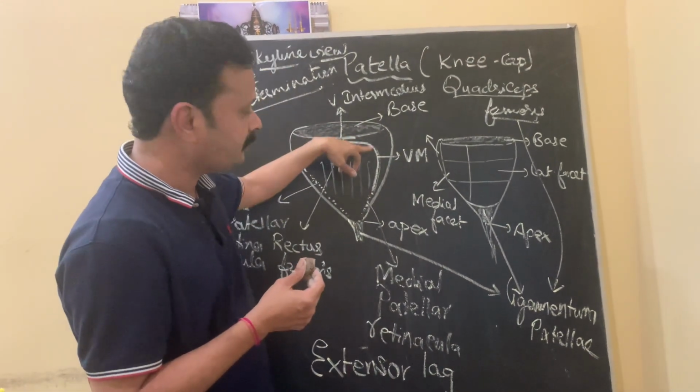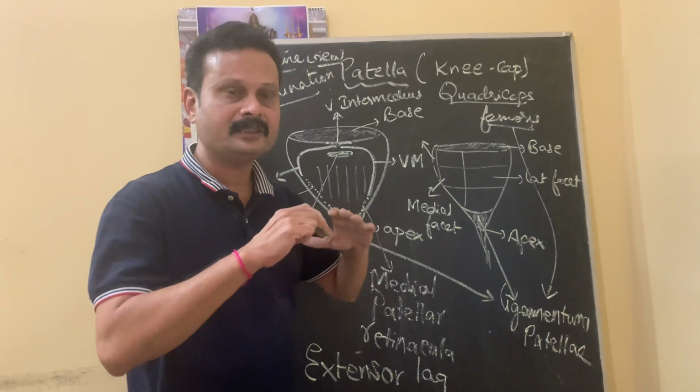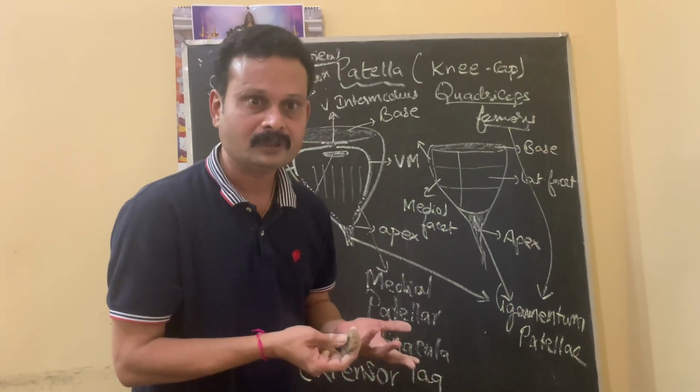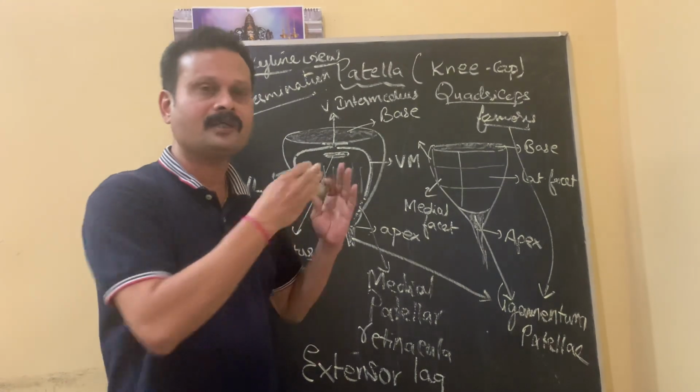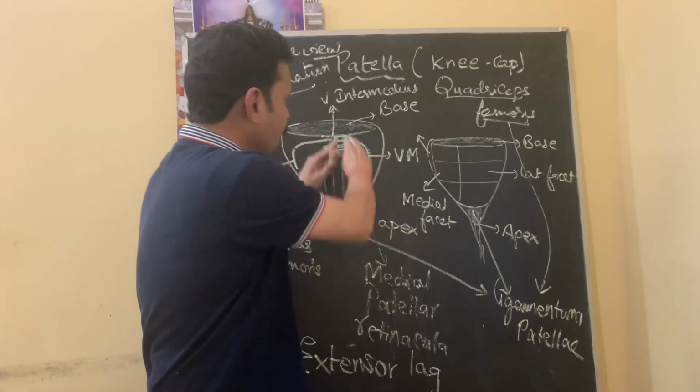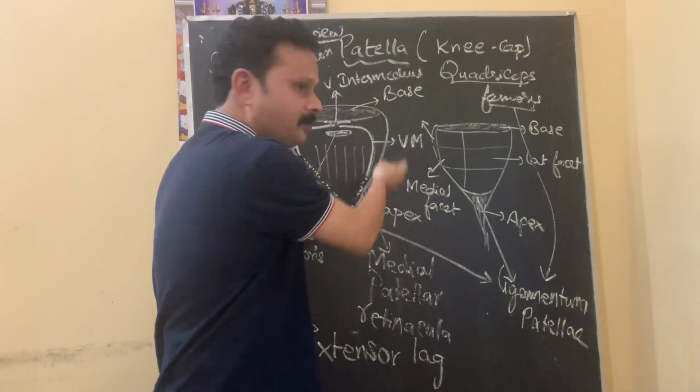Now coming to this one, which is the vastus medialis muscle. This vastus medialis is phylogenetically the last muscle to form, and it is the first muscle to undergo wasting in case of diseases of the knee or problems of the knee joint.